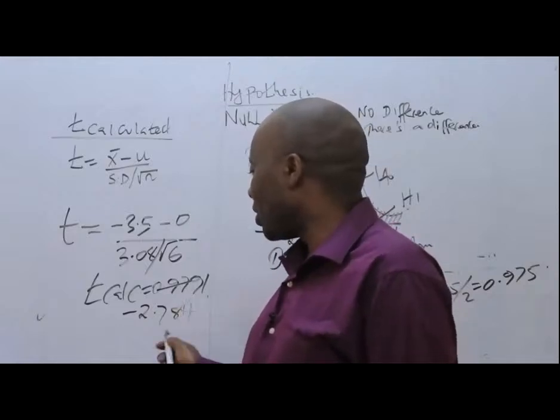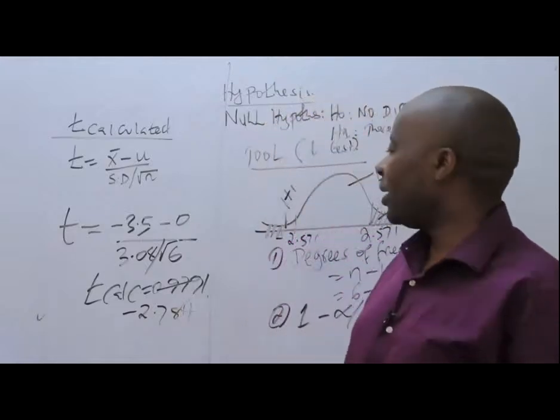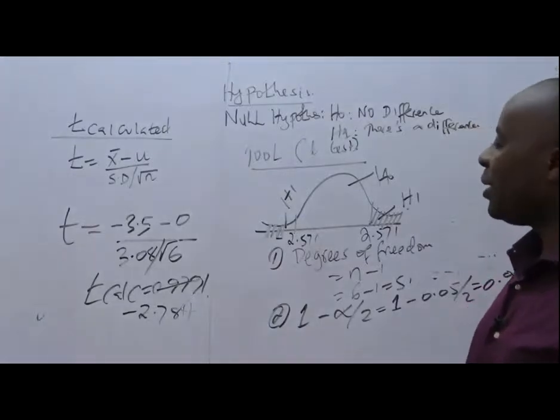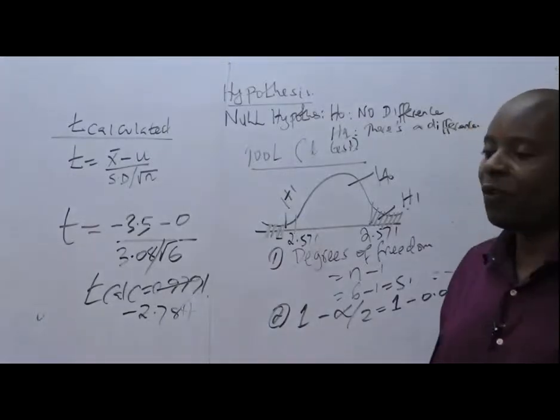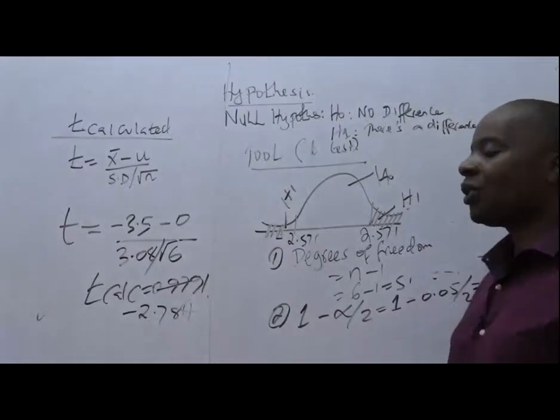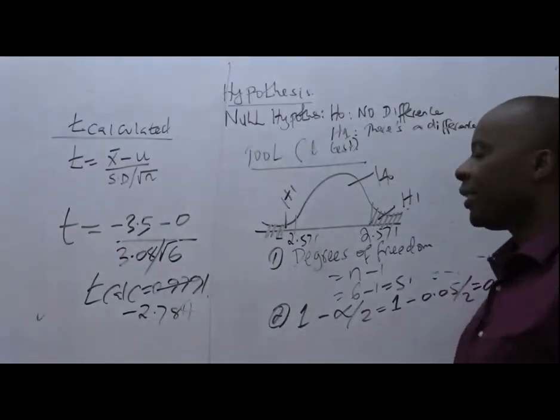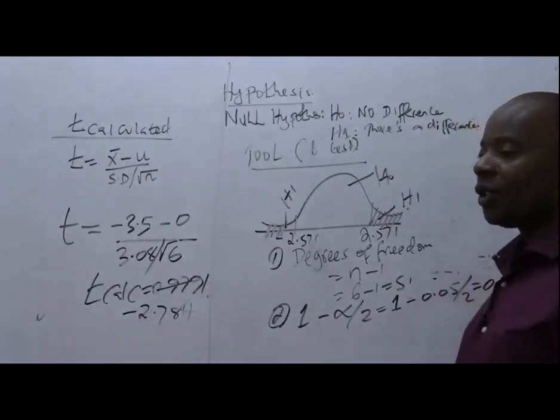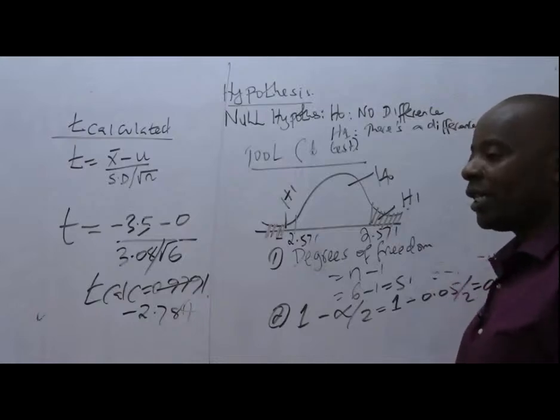Thank you very much. So in that regard, could you kindly tell me where this minus 2.784 falls? Is it on the shaded side or unshaded side?